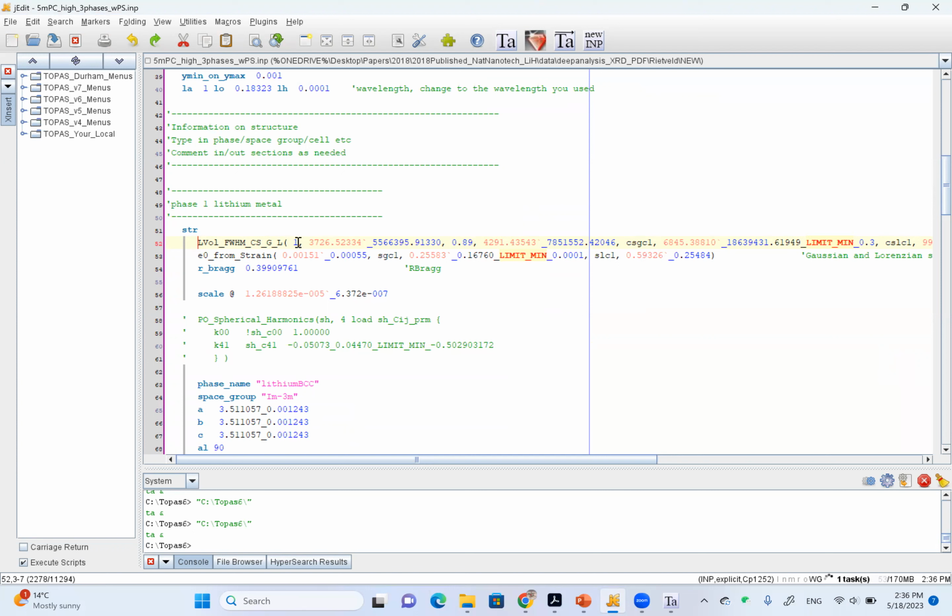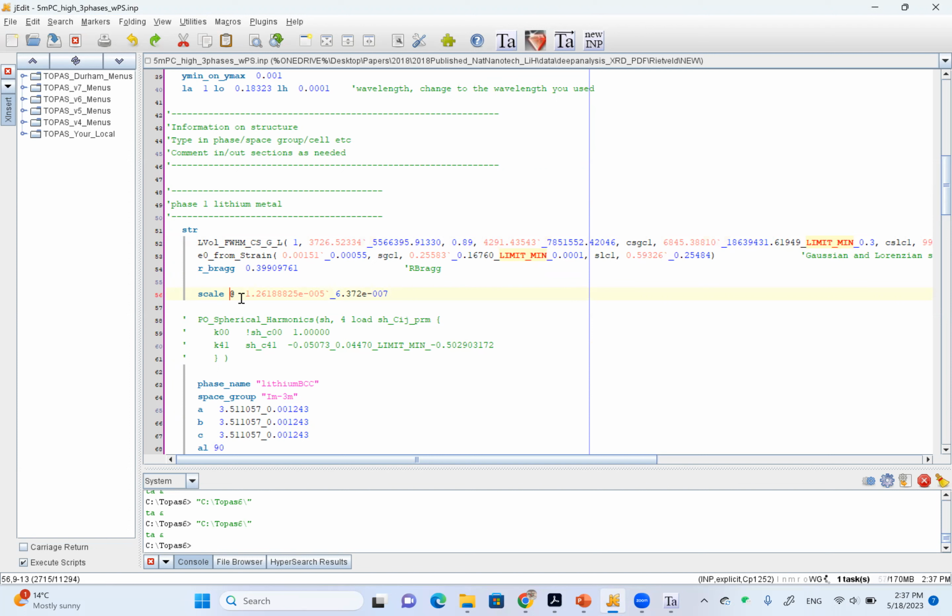And also, I think last time somebody raised a question about the choice of numbers. For the first one, the 1 and 0.89, those are kind of default values, and we normally do not change them, right? And also, I hope you still remember how to define a fitting parameter in the parentheses. If it's outside parentheses, for example, a scale, there are no parentheses, so we're just going to use the add symbol.